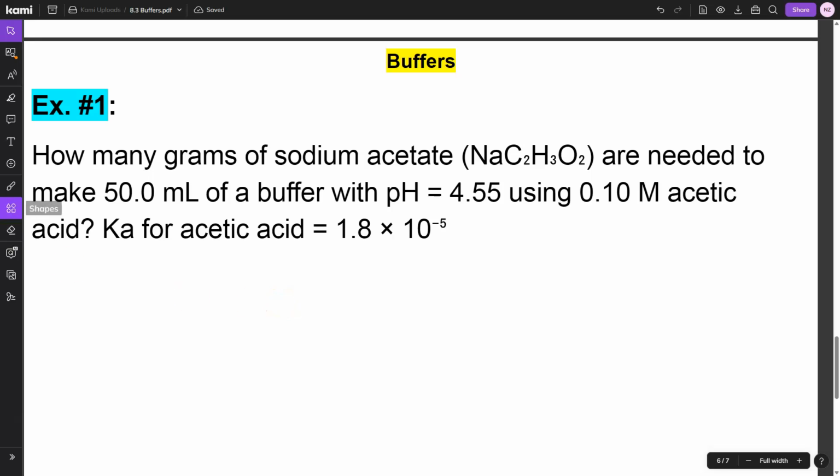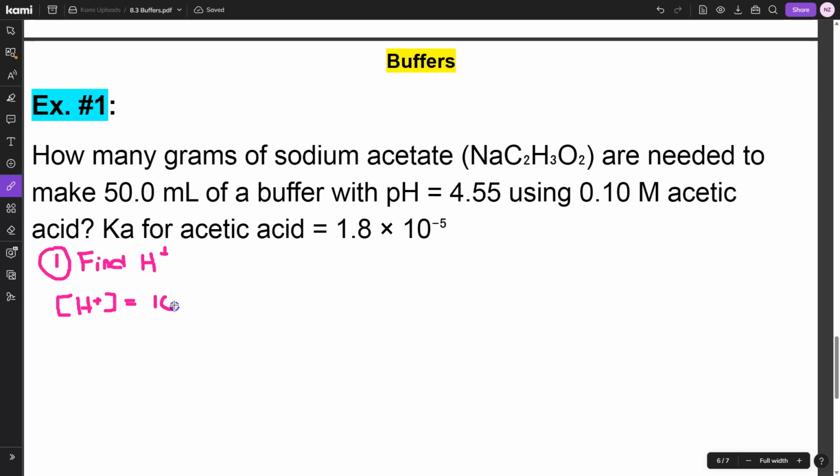So first thing that we're going to need to do is find H+ from our pH. And this is relatively easy because we're just going to take our pH and reverse it. So if our pH is 4.55, we can find H+ by just doing base 10.